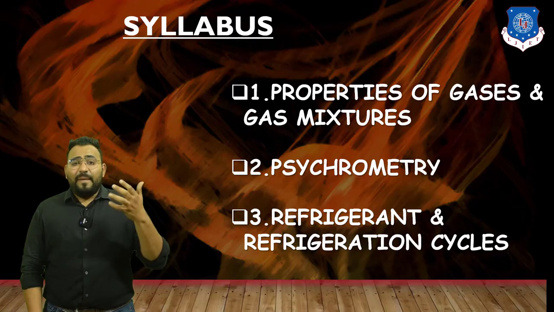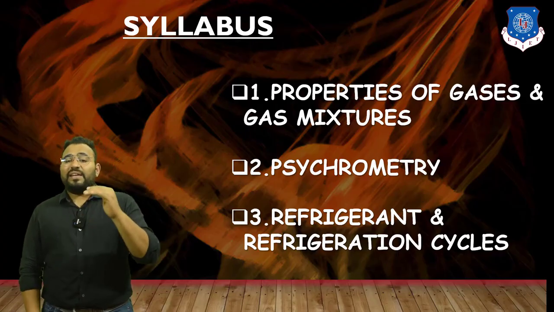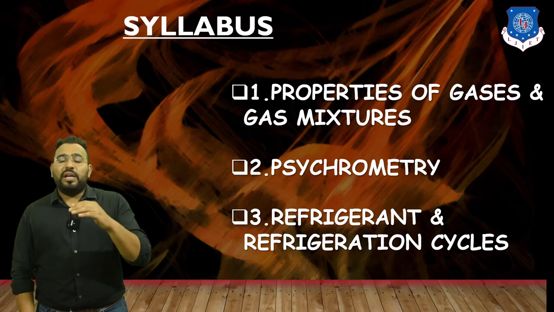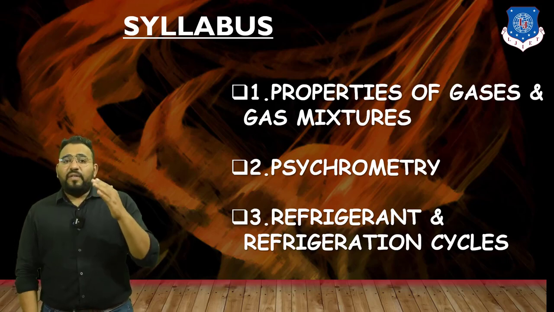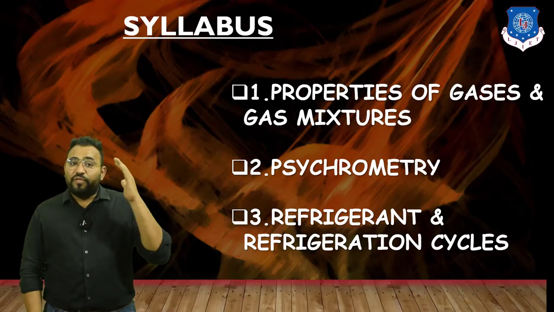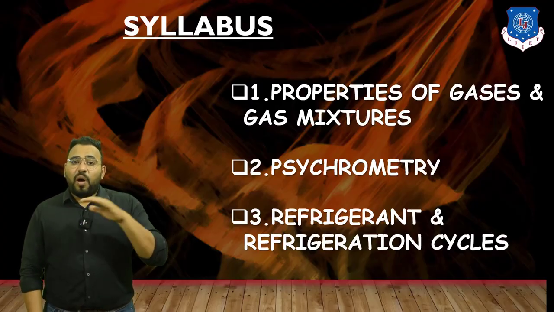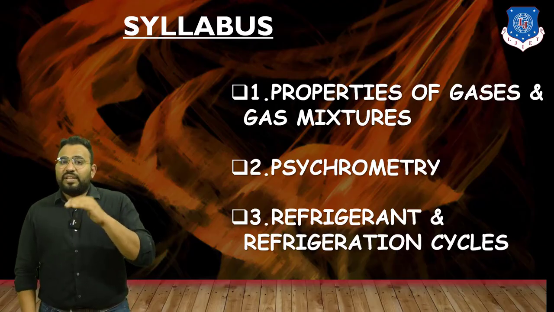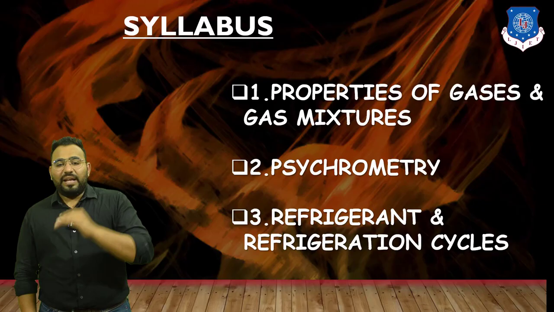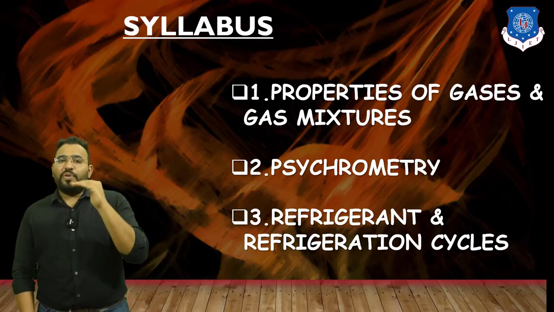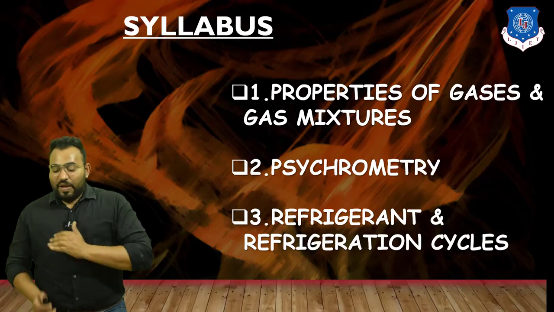Also, you will learn the nomenclature of refrigerants, what different refrigerants are used nowadays, what the future refrigerants are, and some norms related to refrigerants. So chapter 3 is nothing but your refrigeration part. If you combine chapter 2 and chapter 3, it becomes refrigeration and air conditioning.